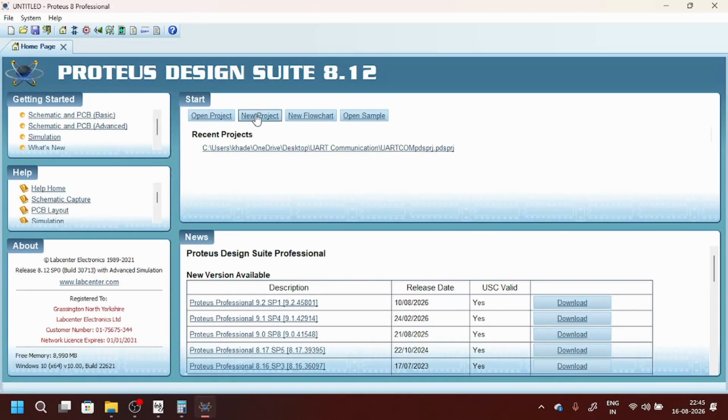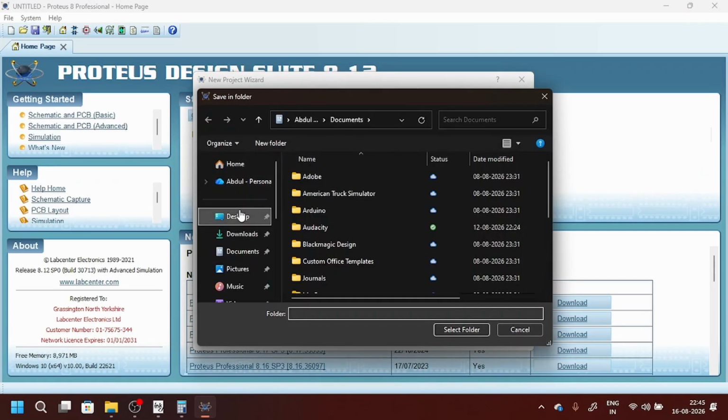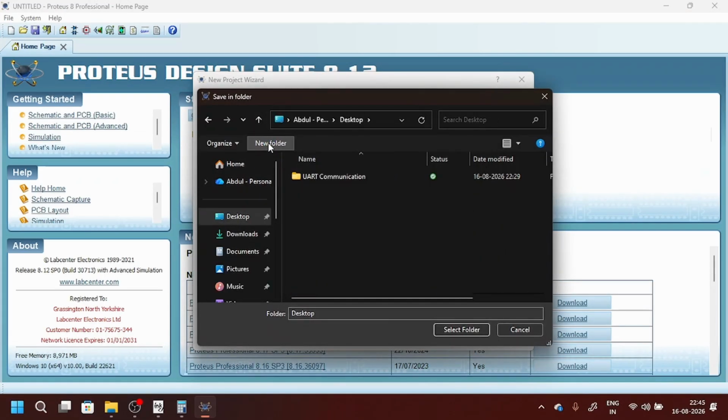So here I'm going to create a new project. Just click on browse, selecting the path. On the desktop, I'm going to keep this as RC Phase Shift.